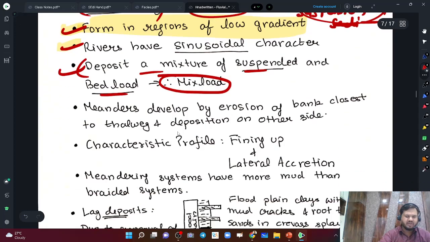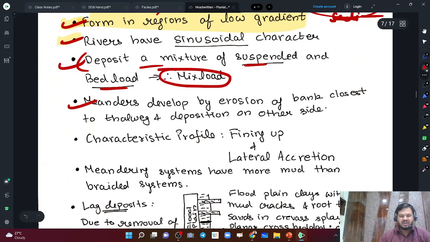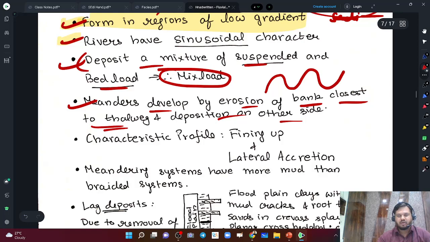Then the meander develops. So how does this meander develop? They develop by erosion of the bank closest to the thalweg and deposition on the other side, right? Suppose this is a river. What is thalweg?